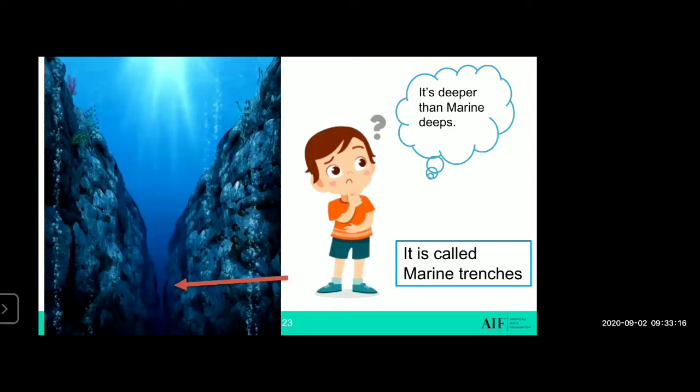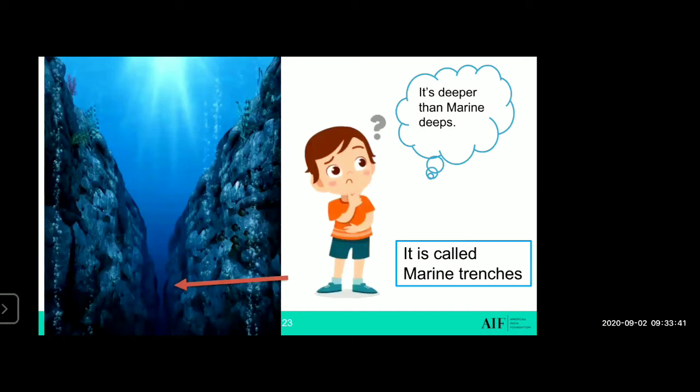For example, Mariana Trench in the Pacific Ocean is the deepest trench in the world. I will show you this Mariana Trench in the next slide. This deep portion is called a marine trench. Mariana Trench is the deepest trench in the Pacific Ocean.